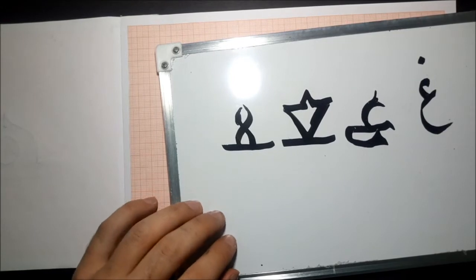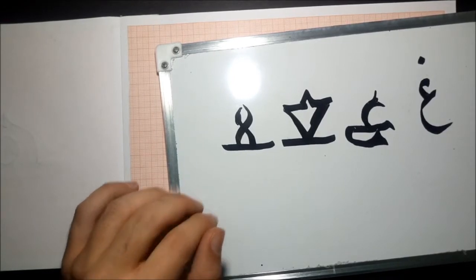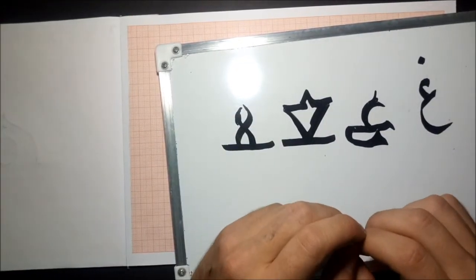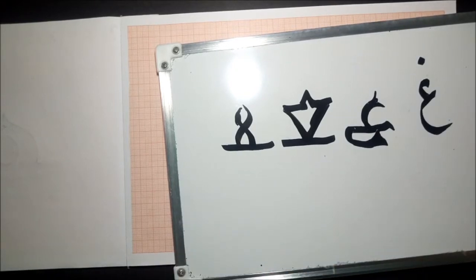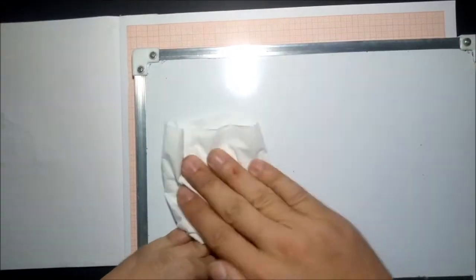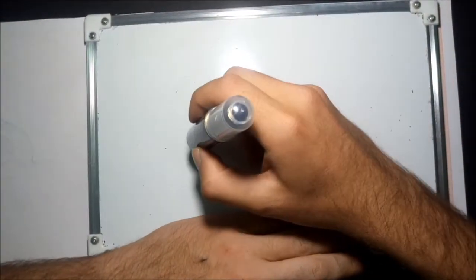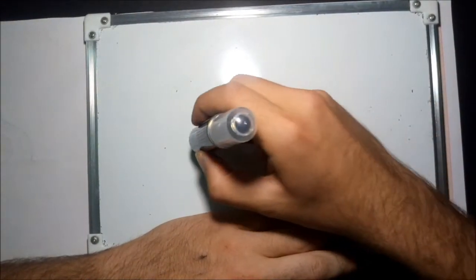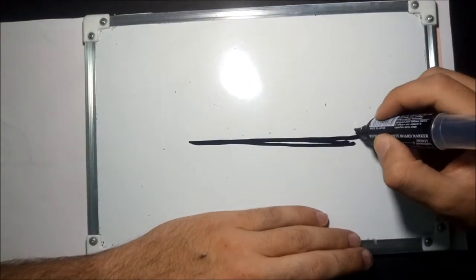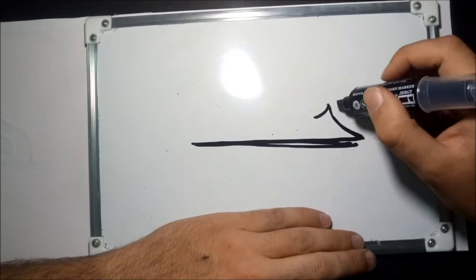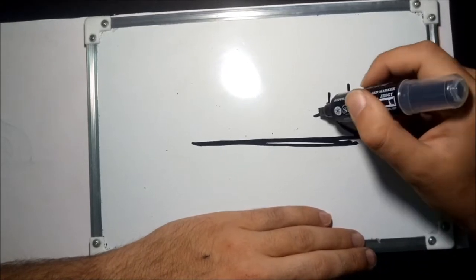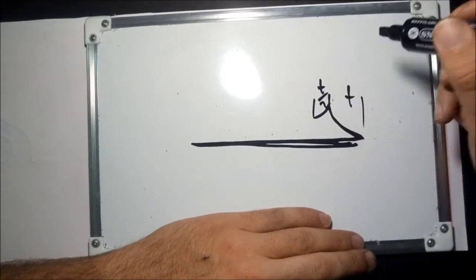Now for this lesson we have to focus because the letter is a bit tricky to write. So for the first one we are going to do a small summary before we start. We've got our baseline right over here. We're going to take a normal T thickness with half T first.